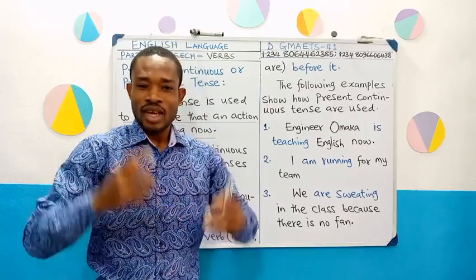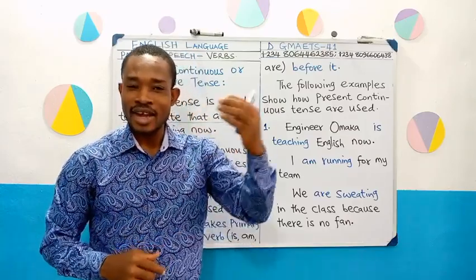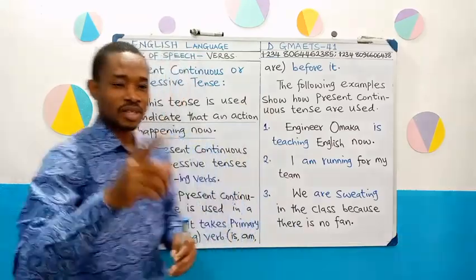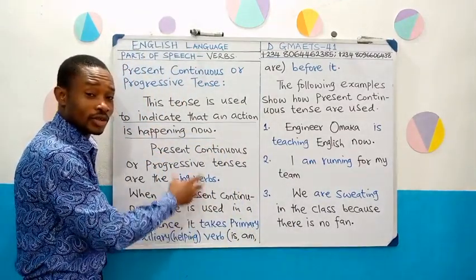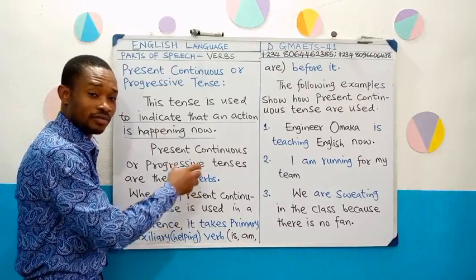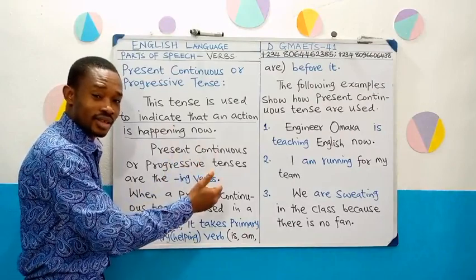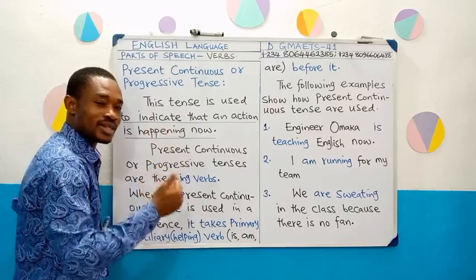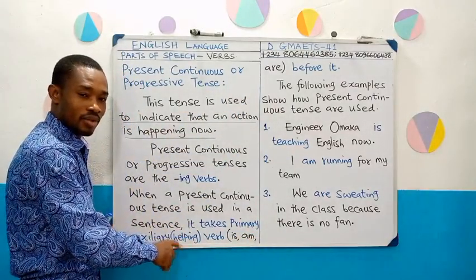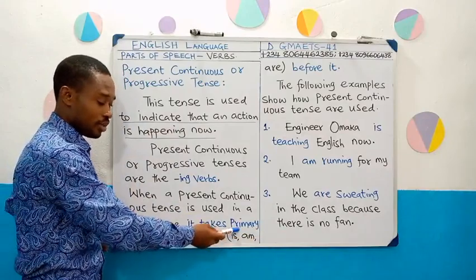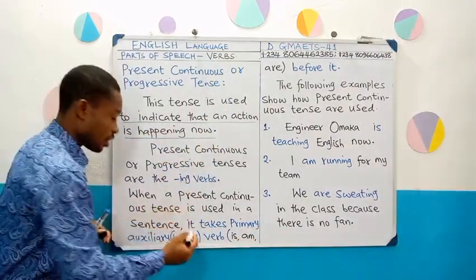So, as I told you, these verbs are the ing verbs. It's important for you to know that whenever you are using continuous tense, progressive tense in a sentence, if you're using them as present continuous, they must take a primary auxiliary verb. Permit me to underline this again, very important.